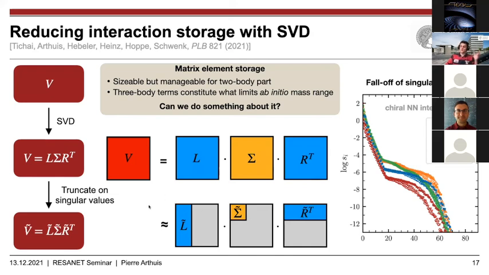Well, if you do this truncation on singular values, then you only have a very small sigma tilde diagonal matrix with just your, let's say, five singular values, 5 here being what we call the rank of our matrix. And for the left and right matrices, you keep only the columns / rows that are associated with the singular values.